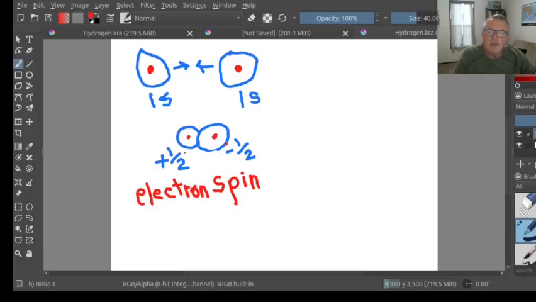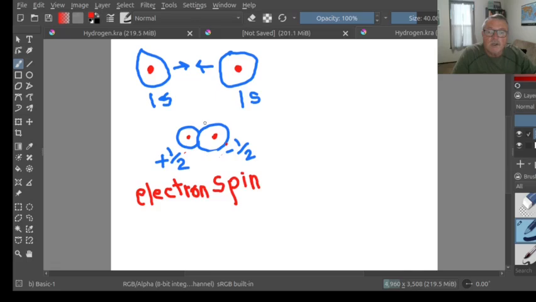So these really are a single shared energy level. And this energy level can only accommodate electrons with a certain kind of spin. Or I should say only one kind of spin is allowed. This spin of plus 1/2 or spin of minus 1/2.